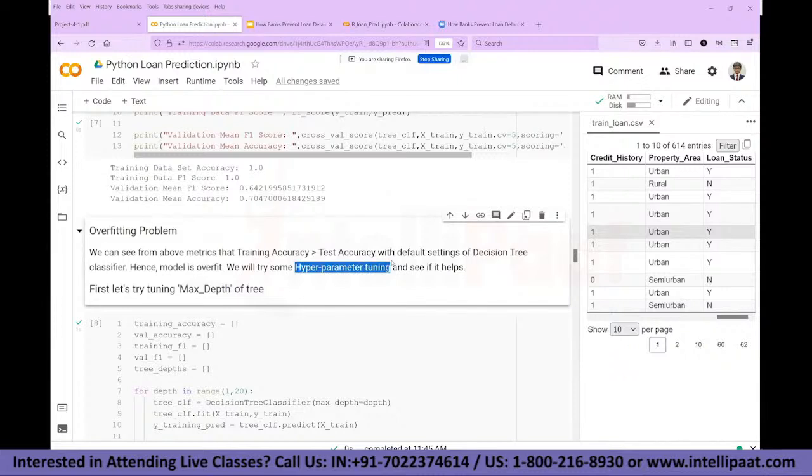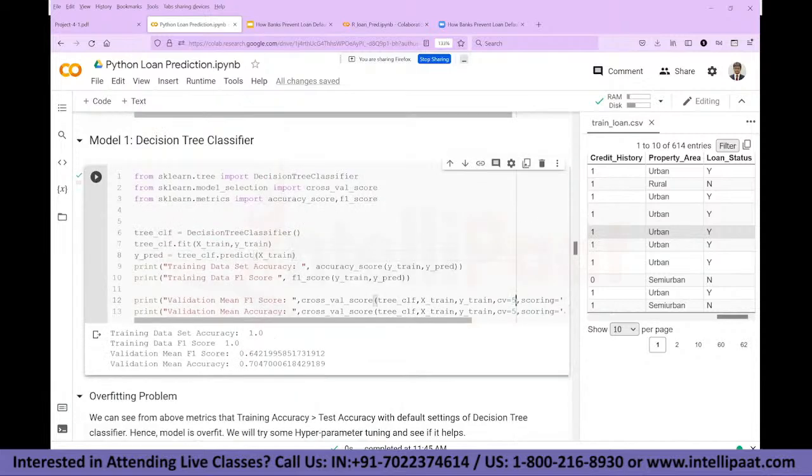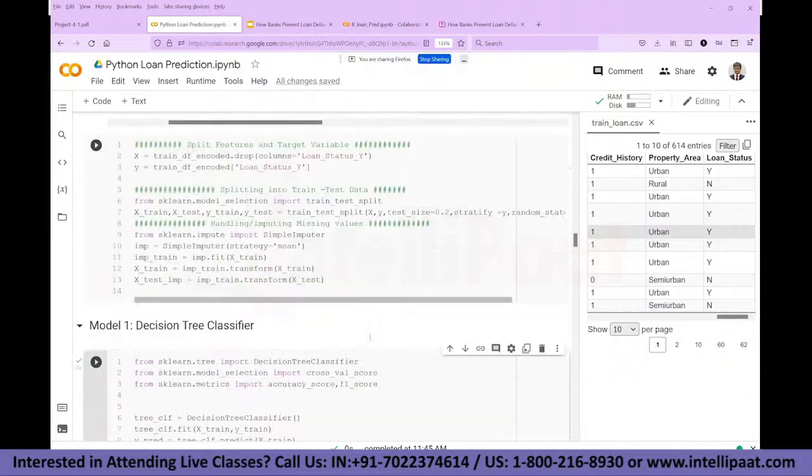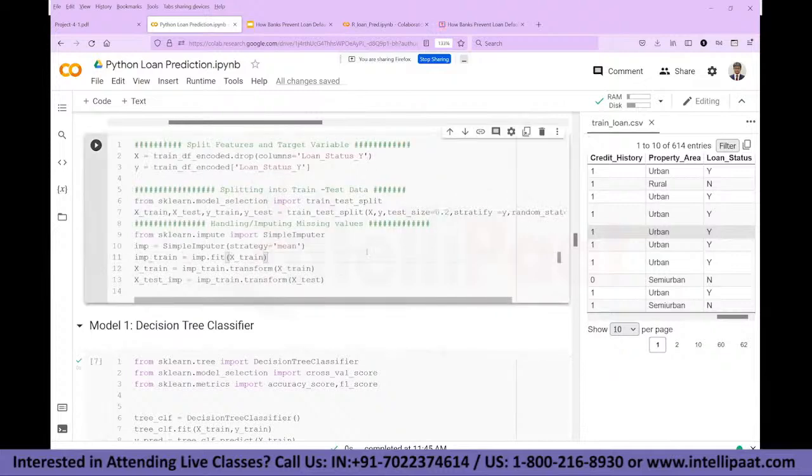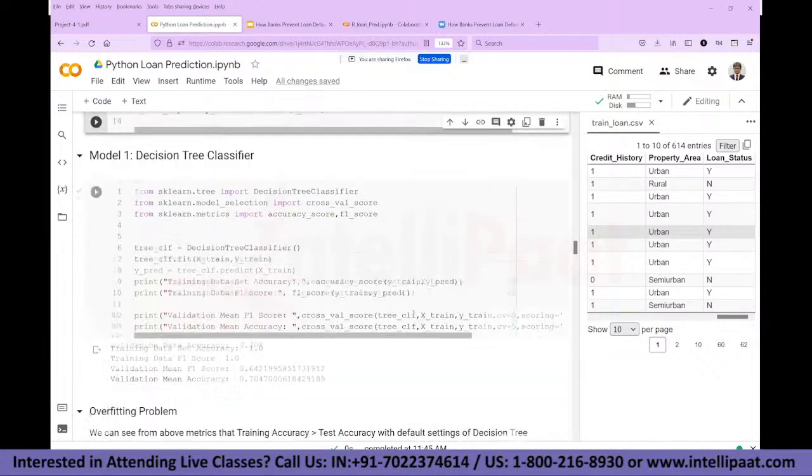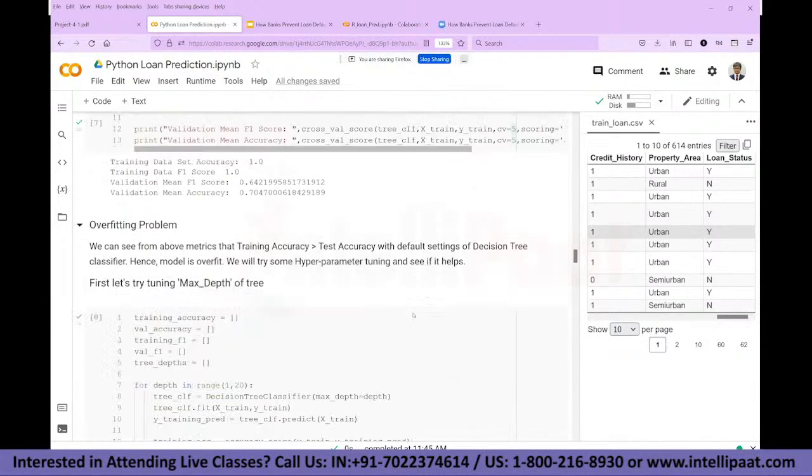So hyperparameter tuning is like tuning your parameters, like your CV value of 5, or your splitting size like 0.2 to 0.3 or 0.4, anything, right? Or any of these values. So tuning these parameters and then retraining and getting the output is basically hyperparameter tuning, right?